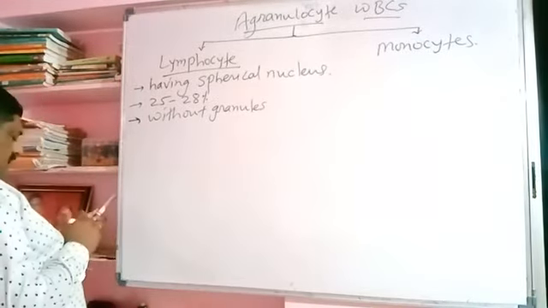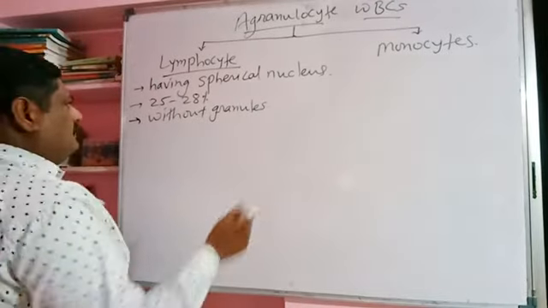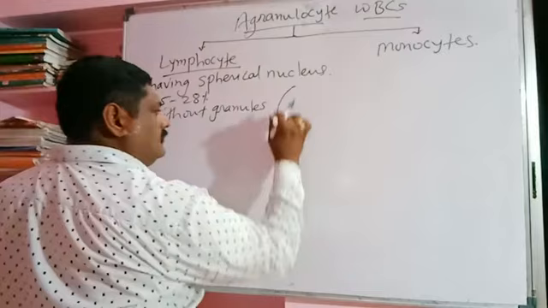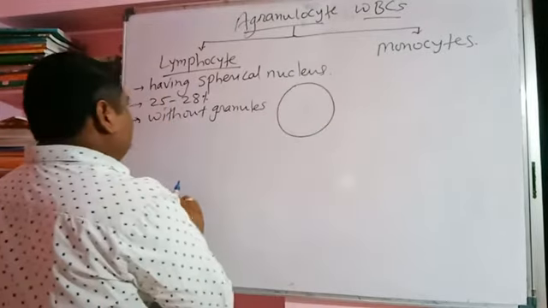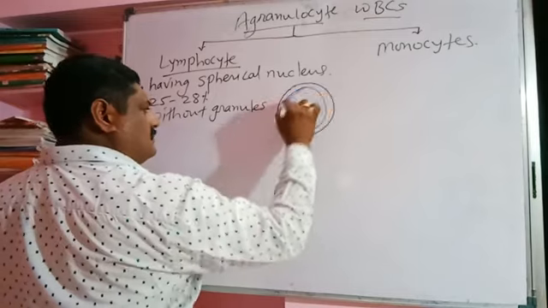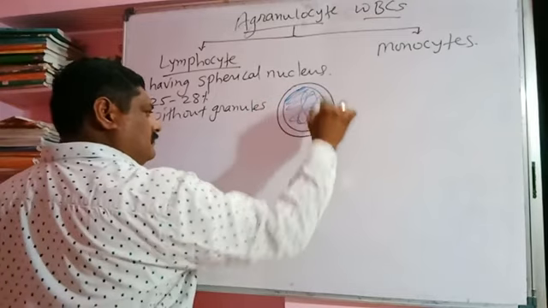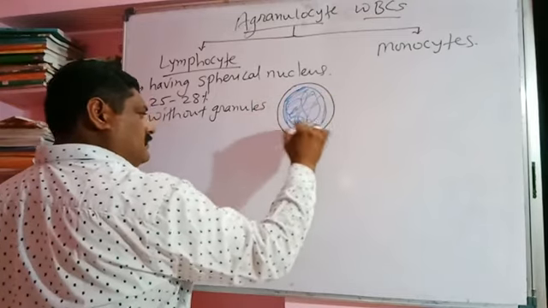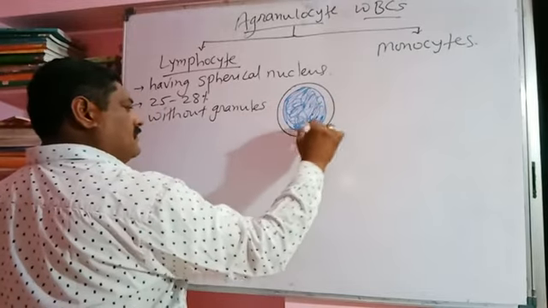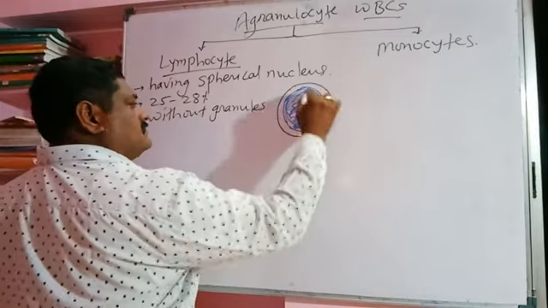These lymphocytes, on the basis of their differentiation, are of two types. So such a spherical nucleus is present, a large nucleus without lobes.